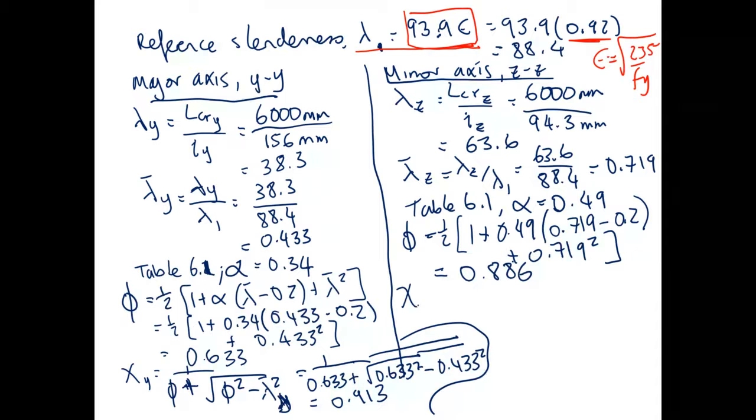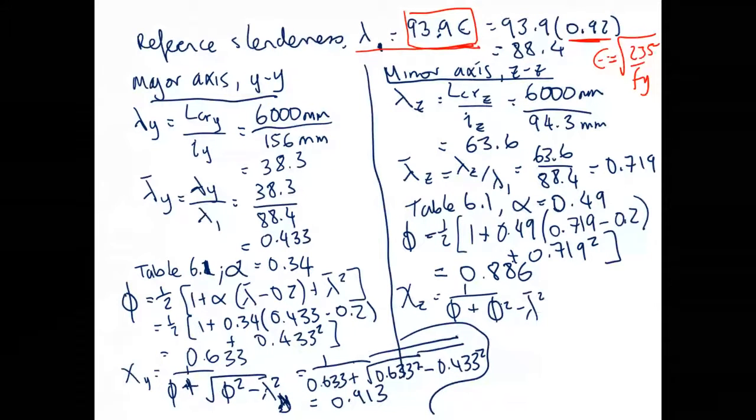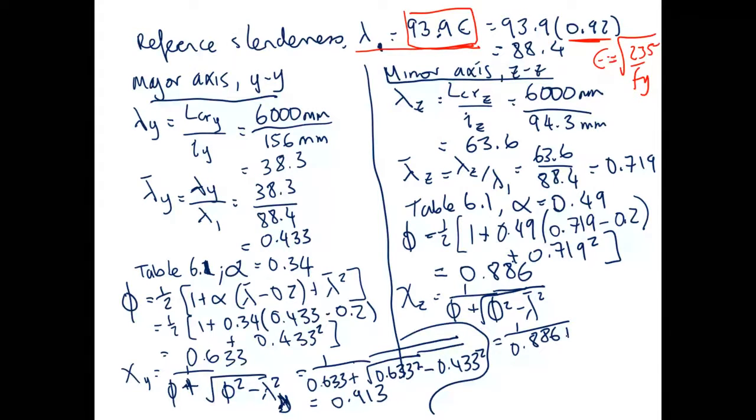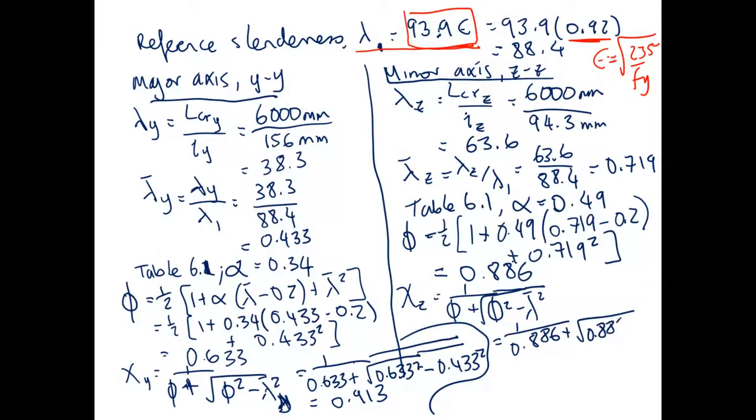And then the reduction factor about the z-axis is equal to 1 over phi plus the square root of phi squared minus lambda bar squared. Okay, so it's equal to 1 over phi, which is 0.886, plus the square root of 0.886 squared minus 0.719 squared.